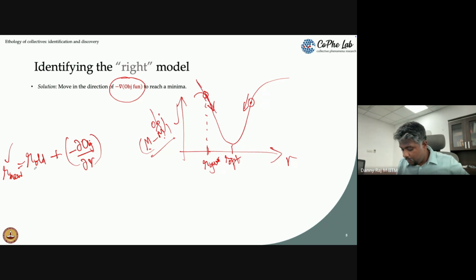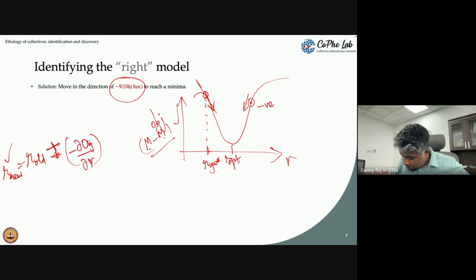And you add the negative slope. Oh, no, sorry. It should be like this. Did I get that right? Yeah. You always add the negative slope. So this adds up and you end up going in the positive direction. And when you are here, the slope becomes negative.